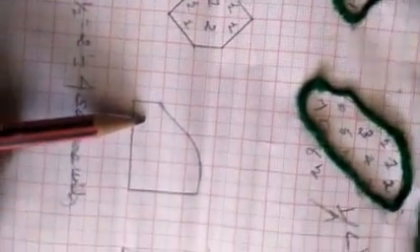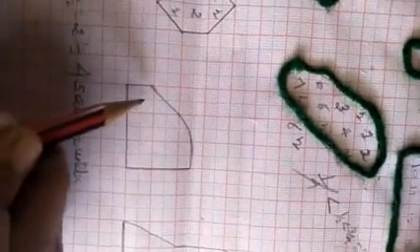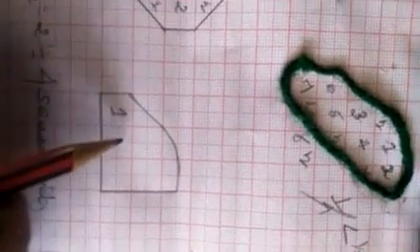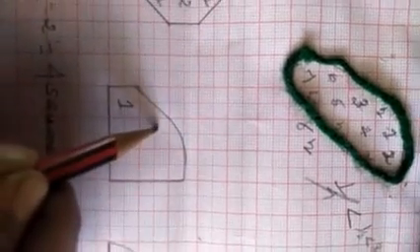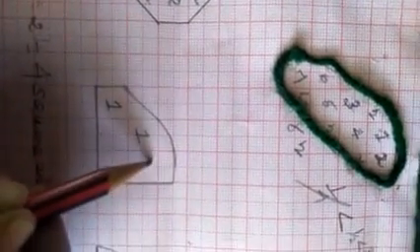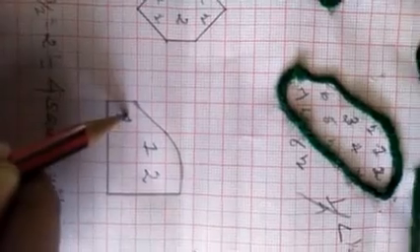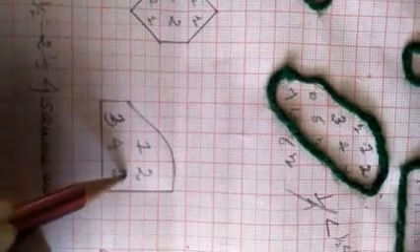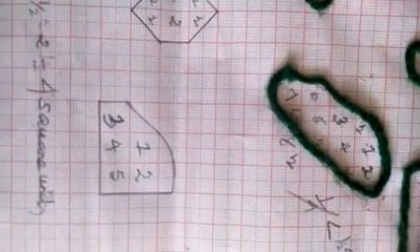Then this is an irregular shape, listen carefully. First you have to calculate the full squares. I have to start from here, children, sorry. 1, 2, 3, 4, 5. So full squares 5.